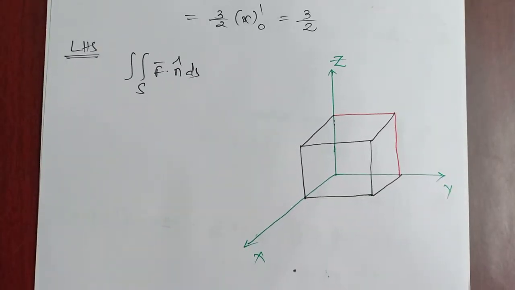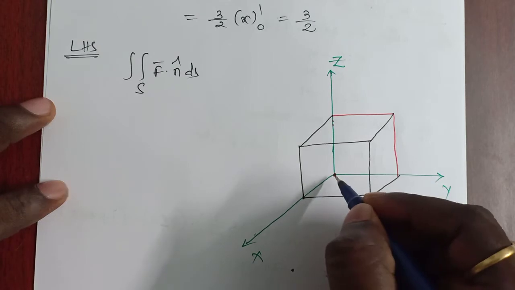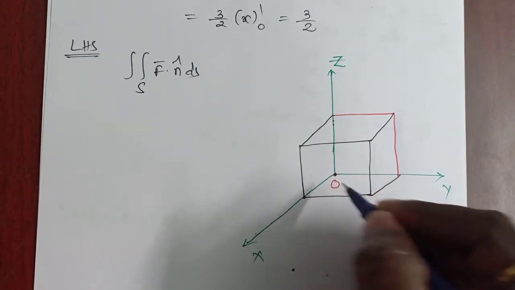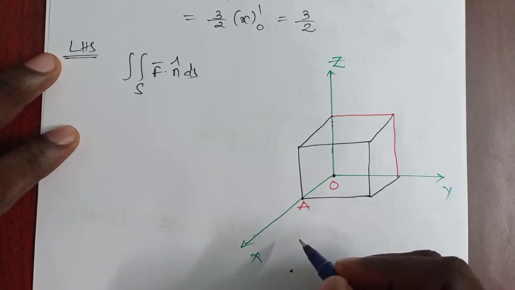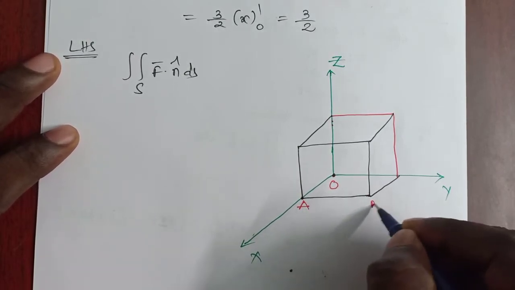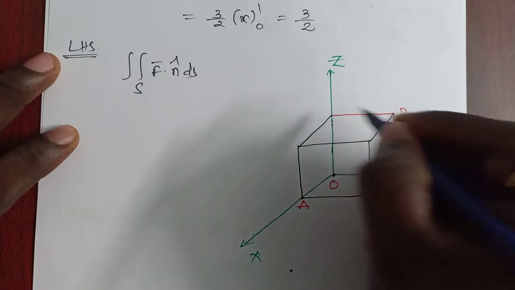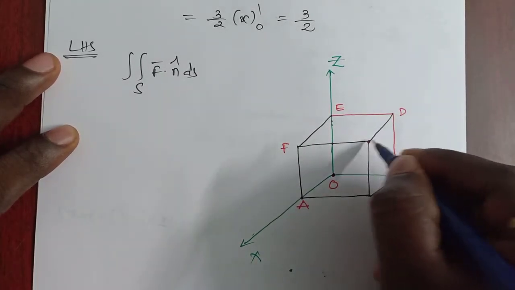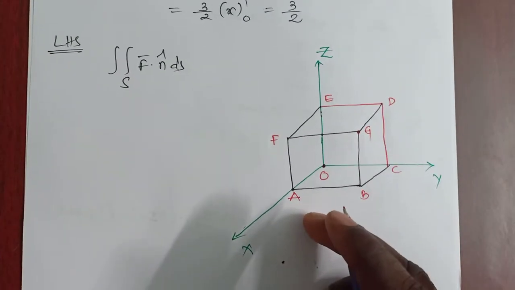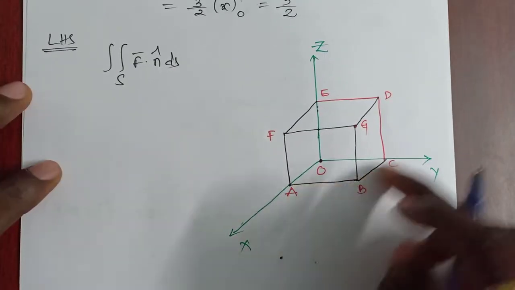Now take the values. Origin, on the x-axis it is B. Now A, B, C, D, E, F, and then G. Take the values whatever you want.